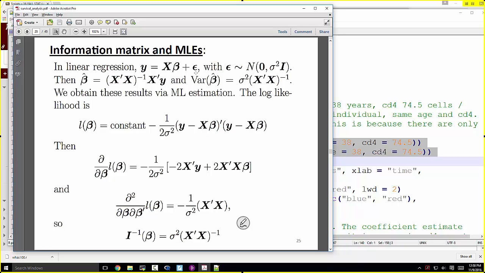And the variance is this form: sigma squared x transpose x inverse. And under the normal model, the information matrix that I referenced on the previous slide is the variance covariance matrix for the betas that we saw earlier on in the course. So if you're interested in where the connection is and what role is played by the Fisher information matrix, you might look at that slide a little bit more.